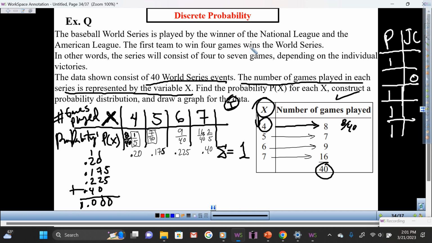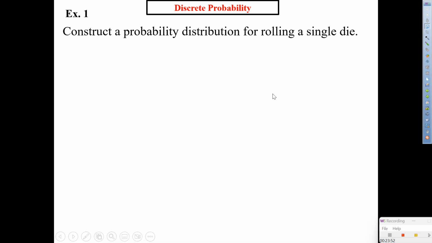I'm going to give you a word problem, and we're going to build our frequency and then build our discrete probability distribution. Okay? Here we go. Copy this one, example number 1. Copy the problem as it reads. And it reads, construct a probability distribution for rolling a single die.